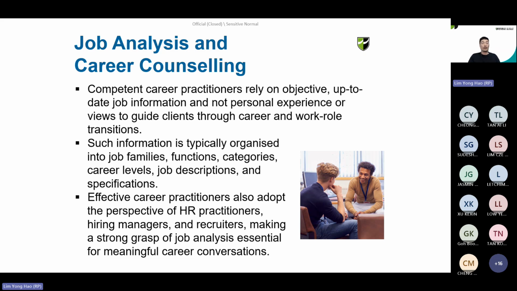And we know from earlier classes, SkillsFuture, Workforce Singapore, and of course there are new incarnations that we're going to see hopefully in two to three months' time. They are creating some of these resources, as much as possible, to help us with more objective information about jobs. So that's what we should be using if you're practicing in the Singapore context to help your client.